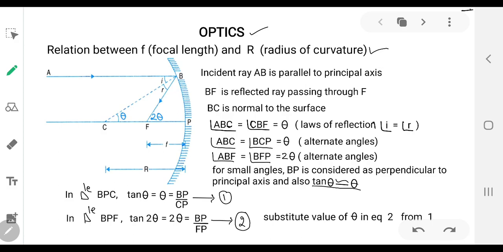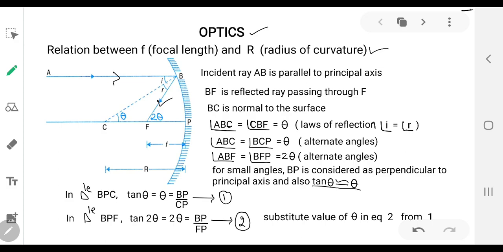So AB is the incident ray, a paraxial ray. After reflection it passes through the principal focus. So BF is our reflected ray, passing through F.